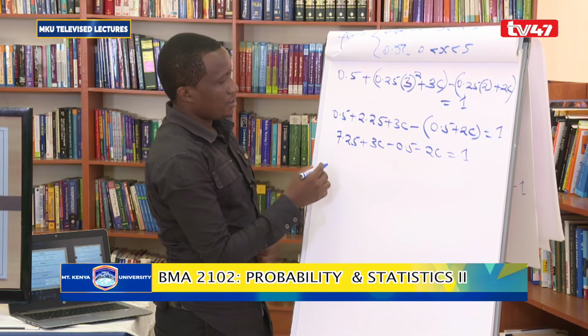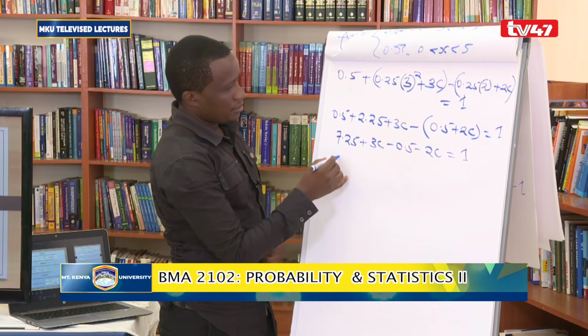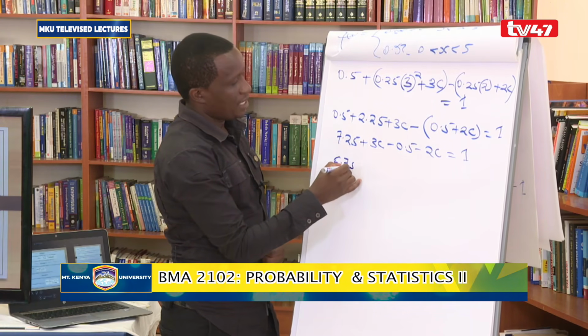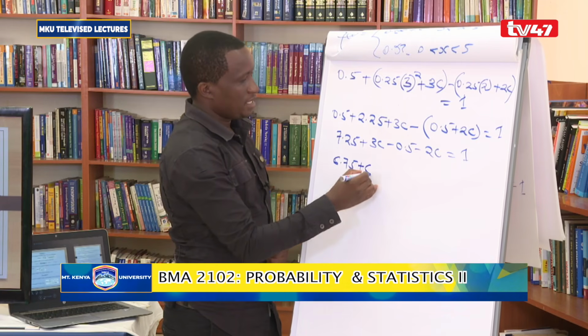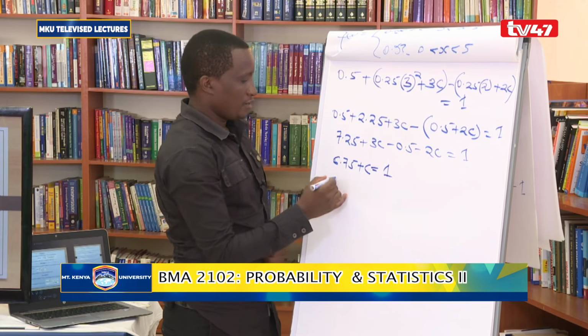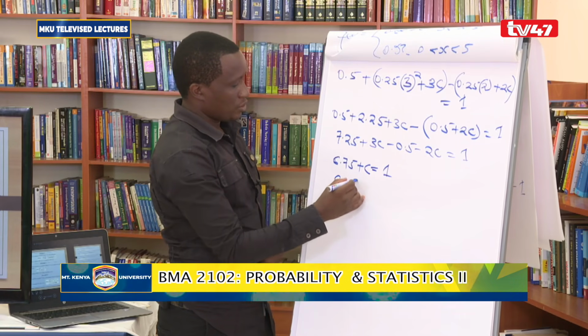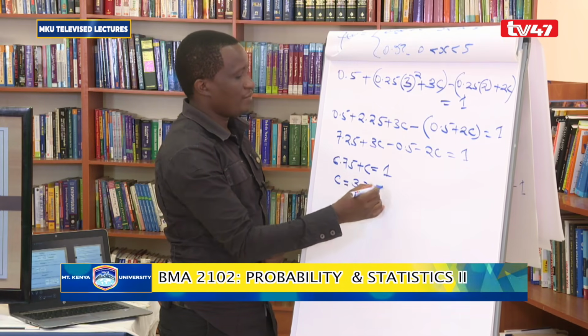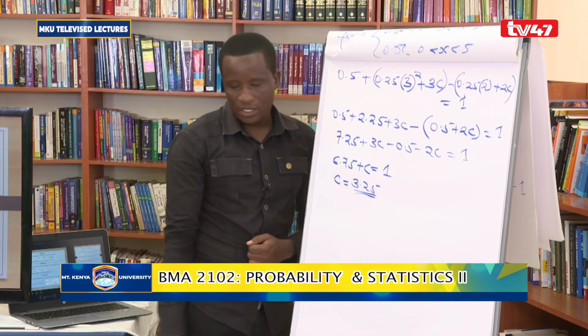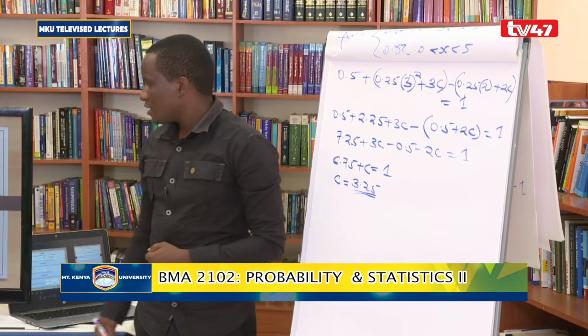So that we have 6.75 plus c equals 1. So that c is equal to 3.25 by taking this to the other side and subtracting it. So this is the value of c that would make these a PDF.